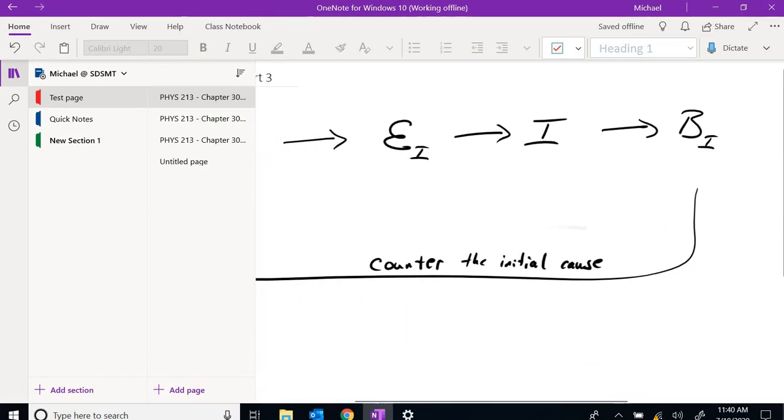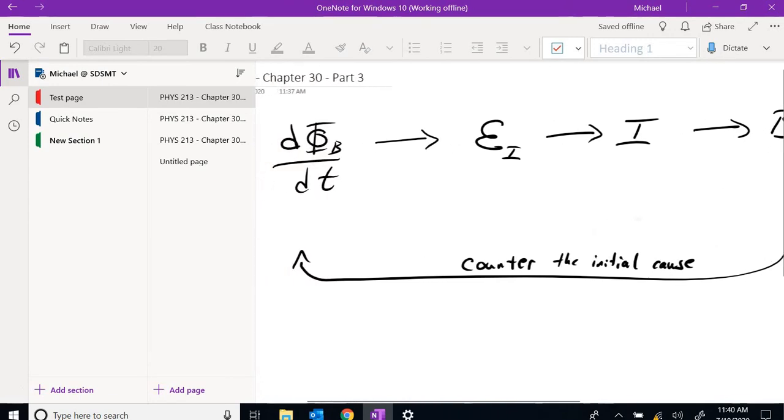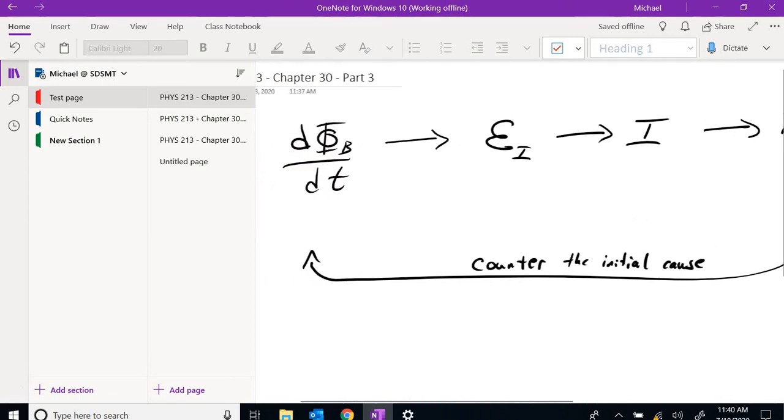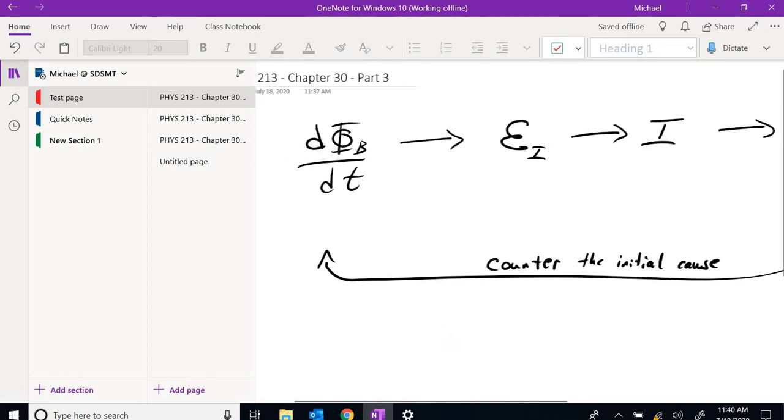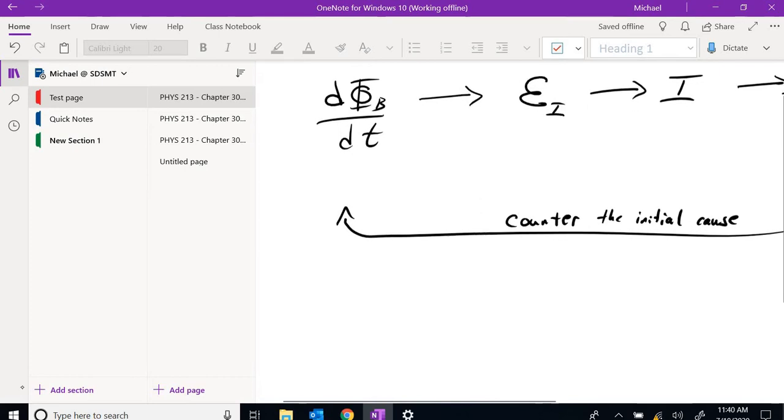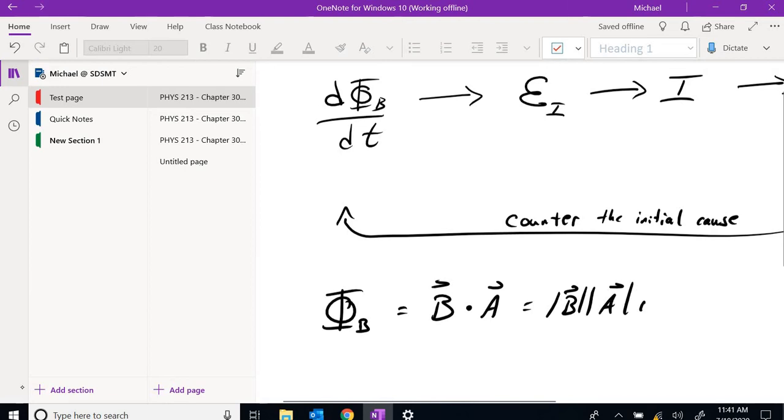can then cause a counter effect to whatever the initial cause of the change in magnetic flux for the system is. So keep in mind the magnetic flux is the combination of magnetic field, cross-sectional area, and angle relationship between the two vectors.